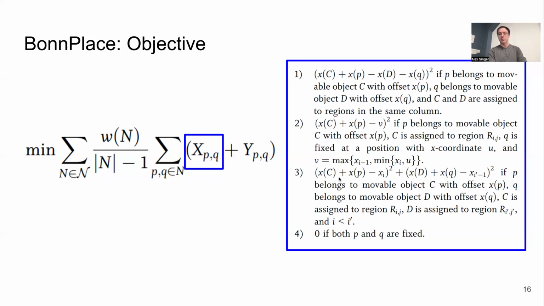But then down here, this is what happens when you have a movable block C connected to another movable block D, and they're in different regions. And all it really is saying is this. If P belongs to a movable block object C with offset, we're basically creating 2 connections here.